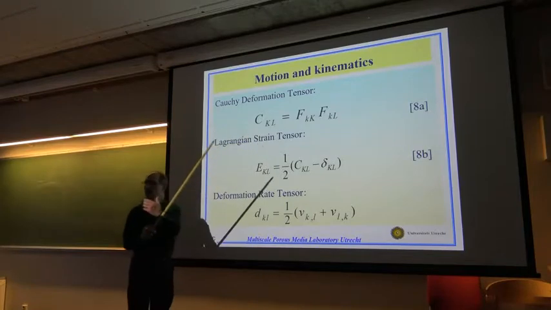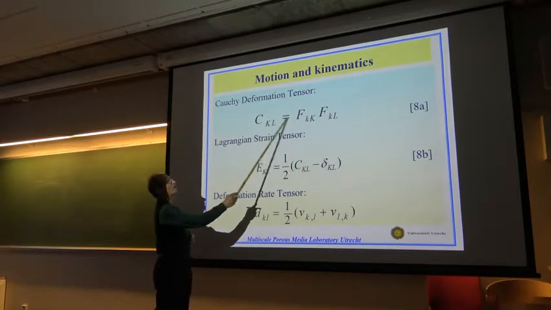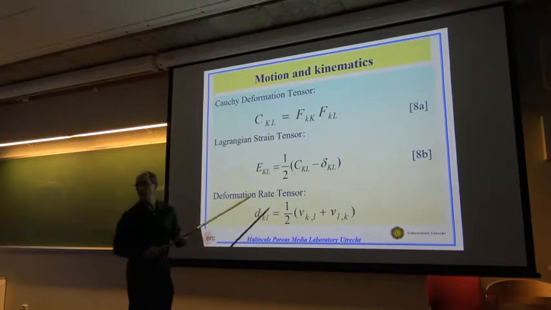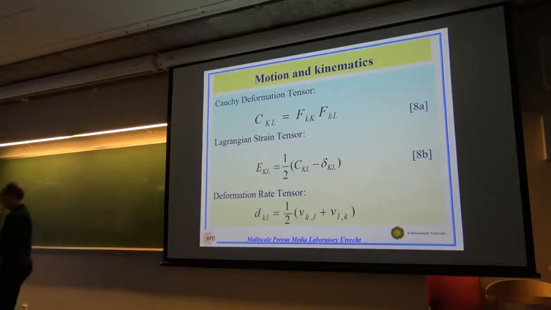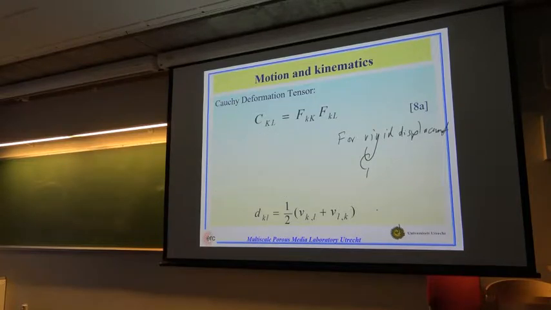If you have rigid deformation, this is not 0, as I said, it is equal to the identity tensor. So for rigid displacement or motion, then C_KL is equal to delta_KL.